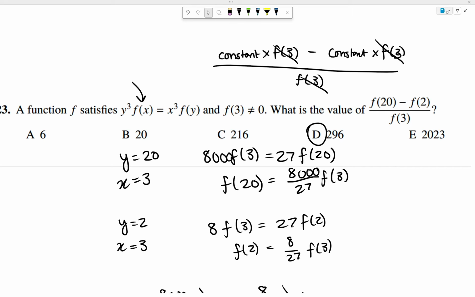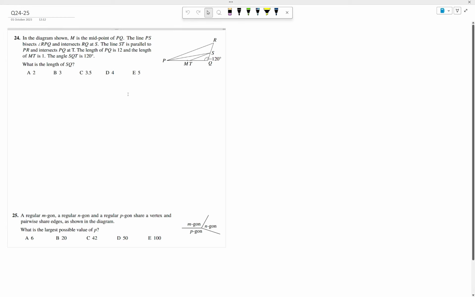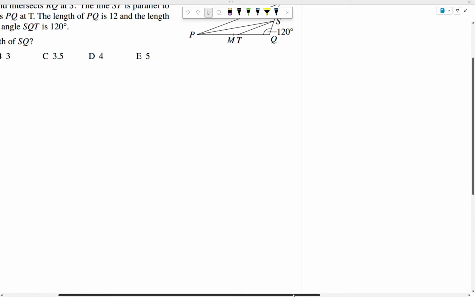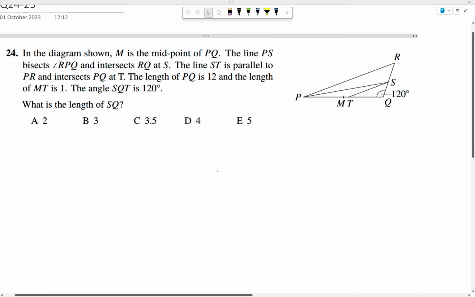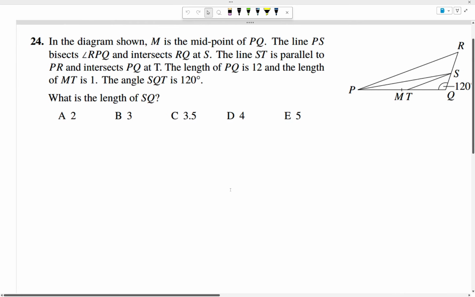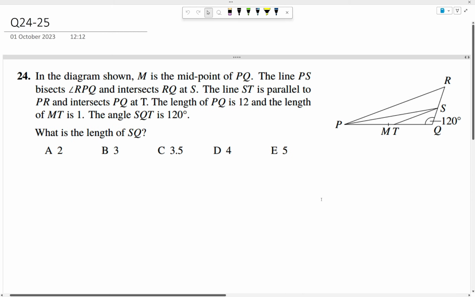Now we're on to the last two questions. In the diagram shown, M is the midpoint of PQ.